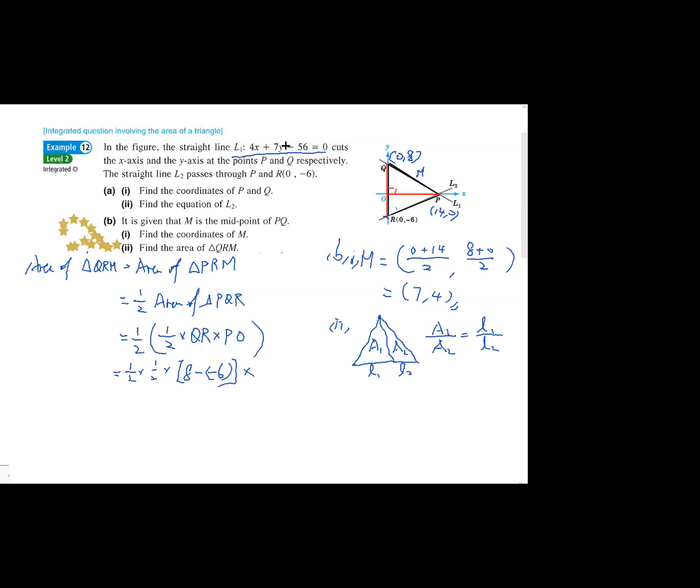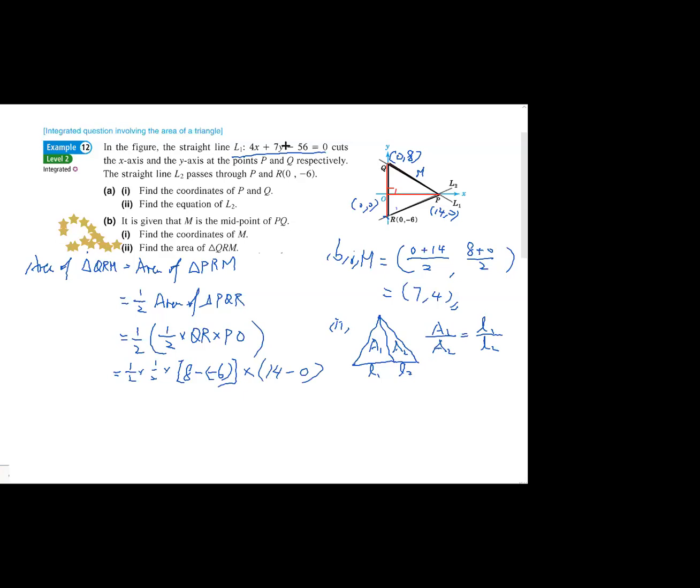We know that the coordinates of P are (14, 0) and the coordinates of O are (0, 0). They are horizontal, so to find the length we just use the larger x coordinate minus the smaller x coordinate, that is 14 minus 0.